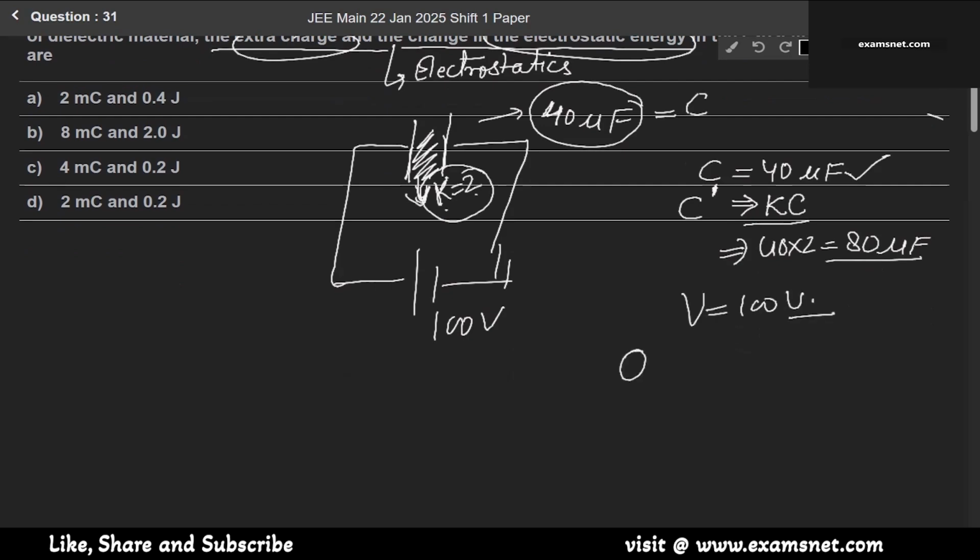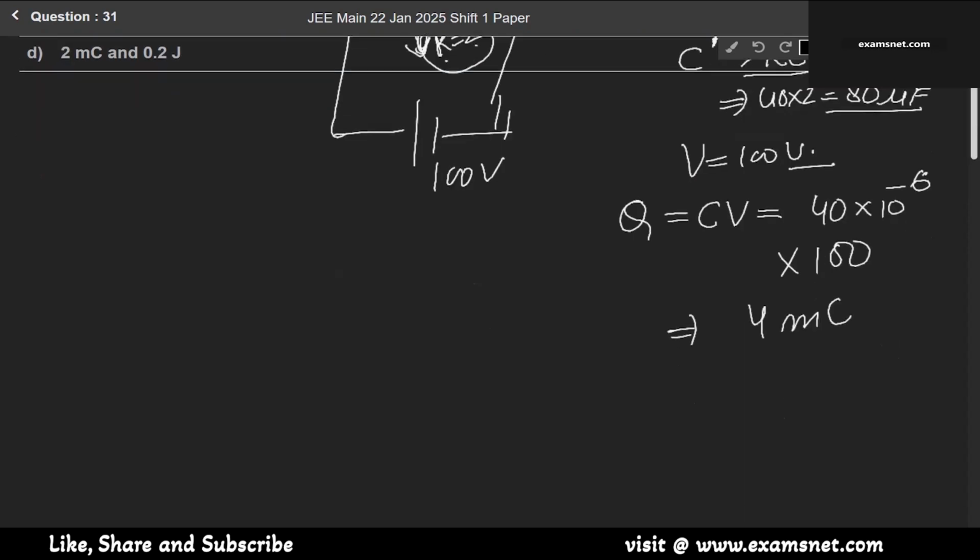So the charge is C into V. This is a direct formula. At first the charge is 40 microfarad, which means 40 into 10 to the power minus 6 farad, into 100 volt. So it will be 4 millicoulomb.